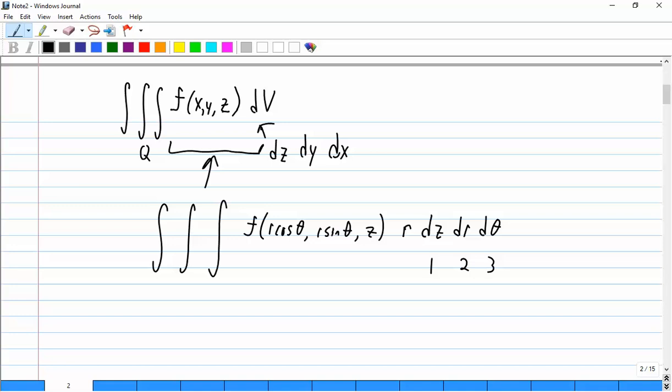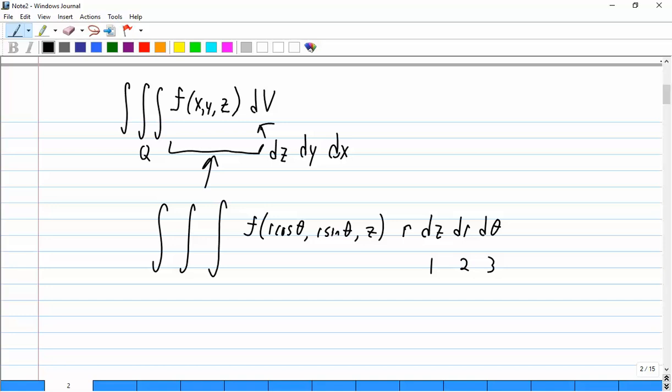So what does that mean? That means that this innermost integral is going to have bounds of z. And z is going to be bound in terms of our old x and y. Remember, that's what we did for our triple integrals. If you have a dz here, you have to bound it in terms of x and y. Well, now we don't have x and y, so it's going to have to be bound in terms of r cosine theta and r sine theta.